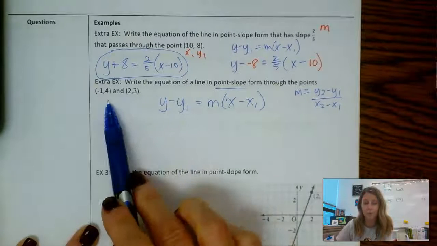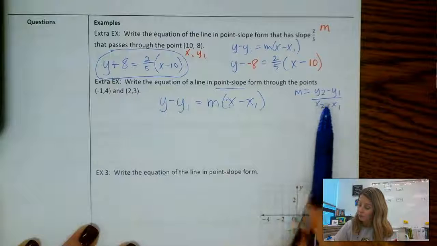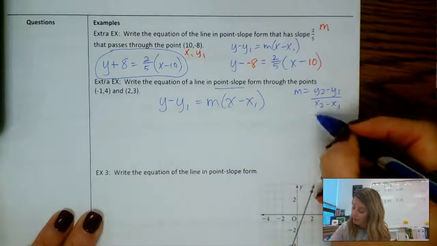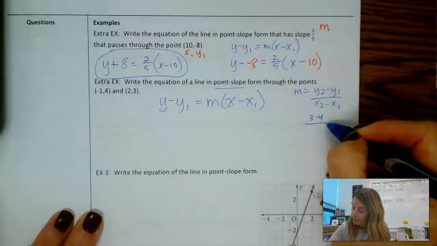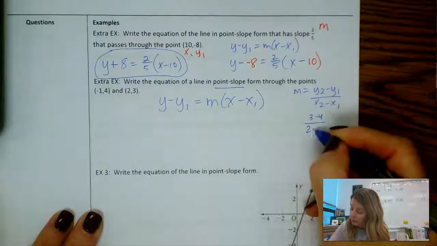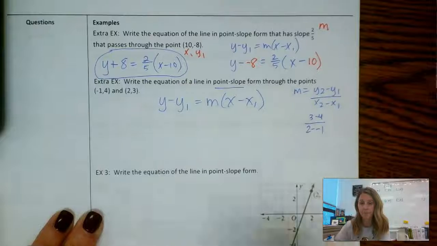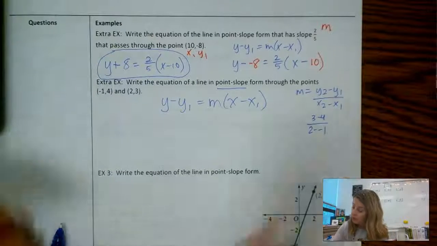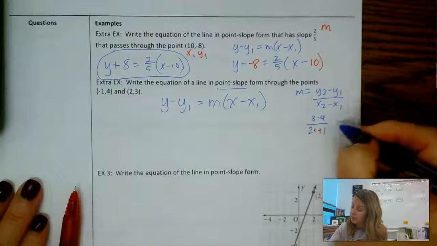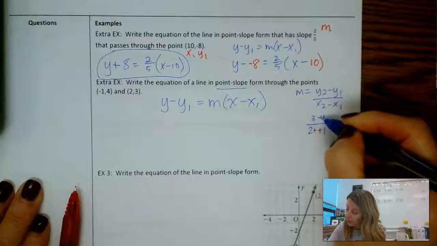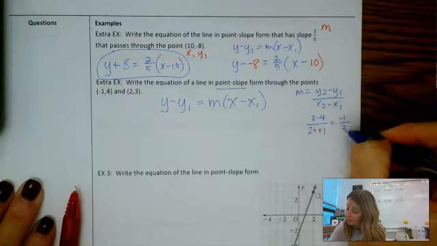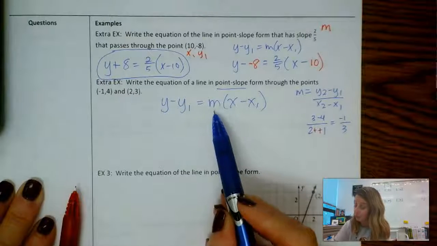I take 3 minus 4, and then your x's: 2 minus -1, which becomes 2 plus 1. So 3 minus 4 is -1, and 2 plus 1 is 3. There is your slope.